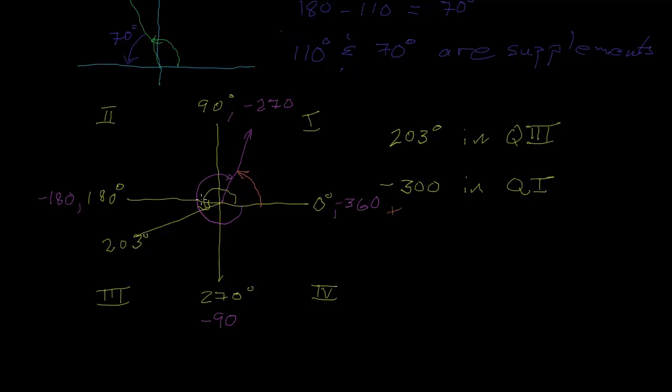I've rotated clockwise 300 this way, and then to get back to the same spot, I would add 360 coming back this way. So if I add 360, that's going to be a positive, you can see, 60 degrees. So this angle here is plus 60.